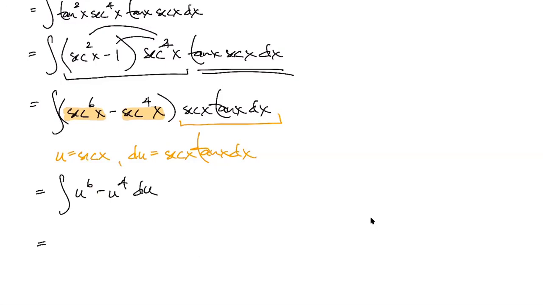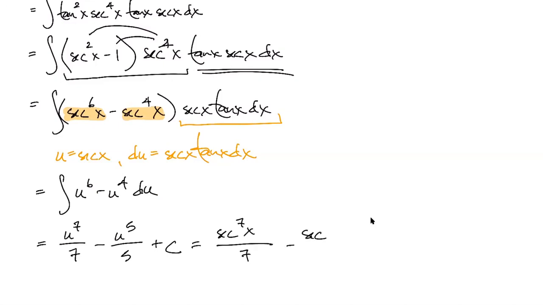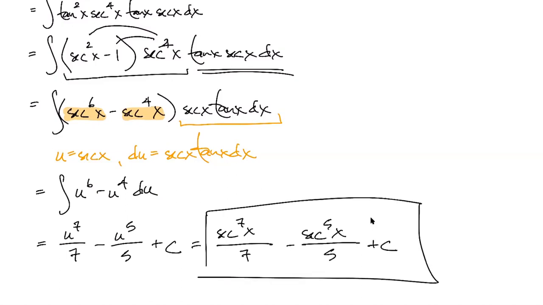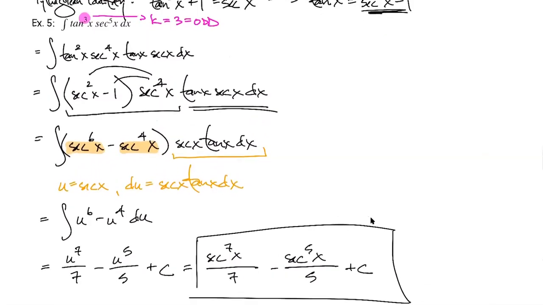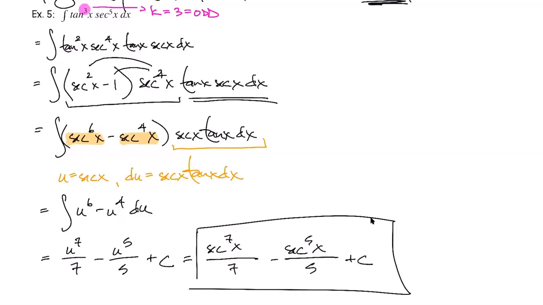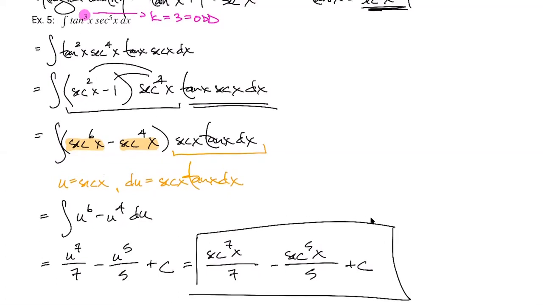Use the power rule: u to the 7th over 7 minus u to the 5th over 5 plus c. And don't forget to have your final answer in terms of x's, not u's: secant to the 7th x over 7 minus secant to the 5th x over 5 plus c. So there we've got the first problem of the secant tangent variety. Any questions on example number 5?